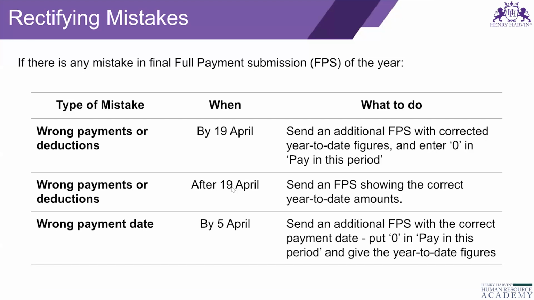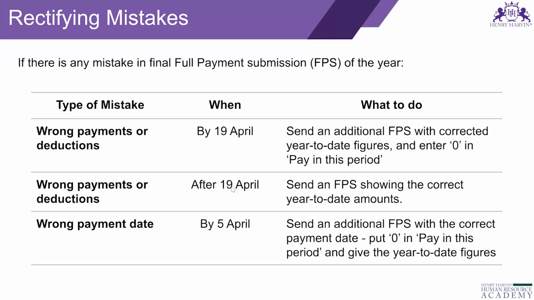Wrong payment date. If you mention a wrong payment date in the last FPS, for example, the last payroll was March, and you mentioned 25th March as the payment date instead of 28th March, and you found it by 5th April, that is the end of the year. You have to understand the logic of dates always.